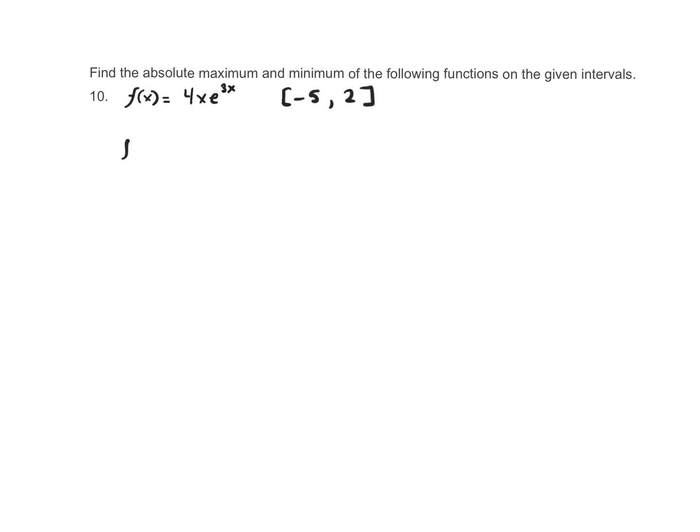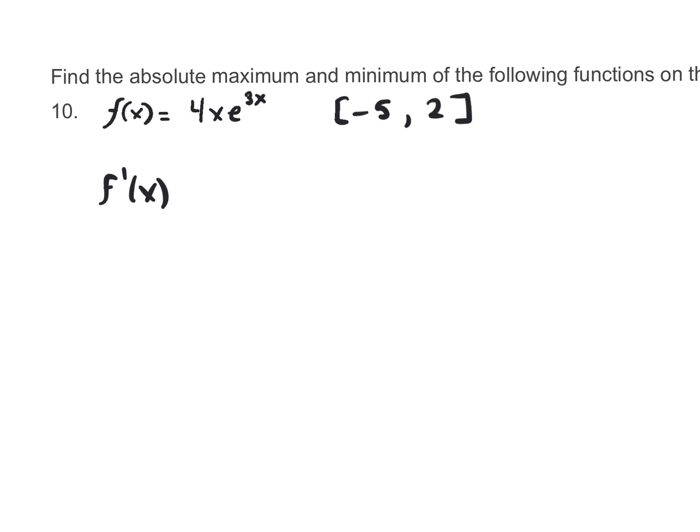So the first thing I'm going to do is obviously find the derivative. This guy looks like it's an obvious product rule. So f and g, so f prime g plus g prime f. So the derivative of 4x, very simple, is just 4 e to the 3x plus the derivative of e to the 3x. The derivative of e to the 3x is tricky because remember, it's got a chain rule element.